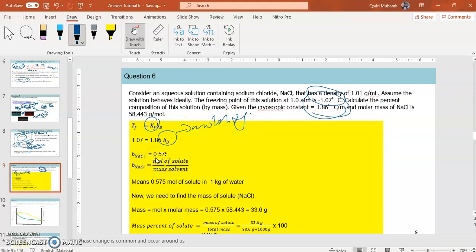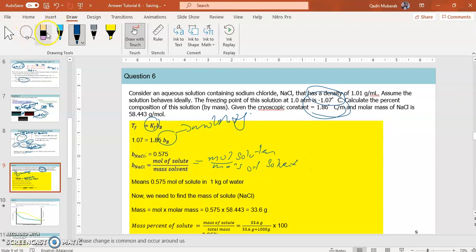When we talk about molality, we will have 0.575. What is molality? Molality is moles of solute per mass of solvent in kilograms.